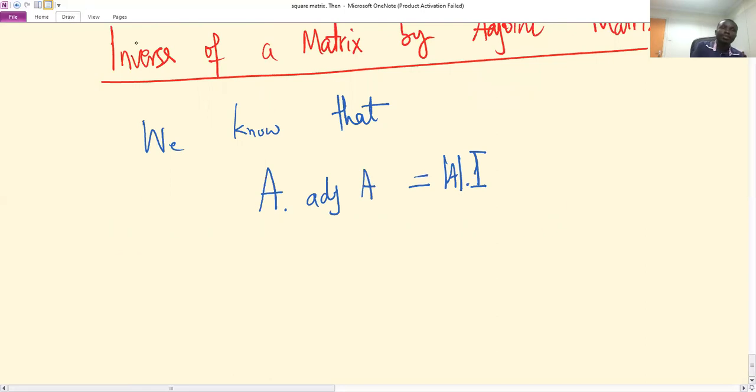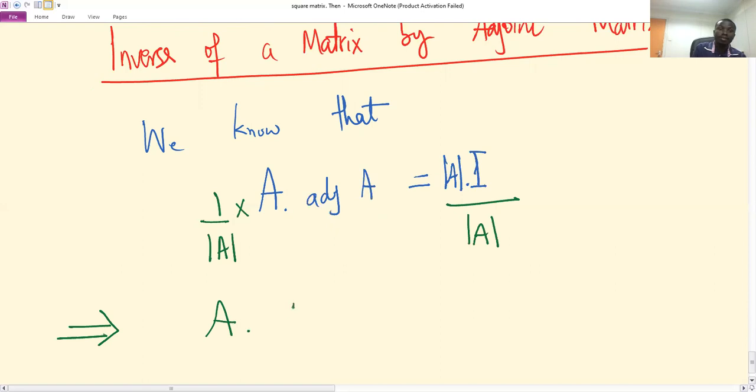So dividing through by the determinant, because it's just a number, we multiply by 1 over determinant of A, and we get A times 1 over determinant of A times adjoint of A is equal to an identity matrix.